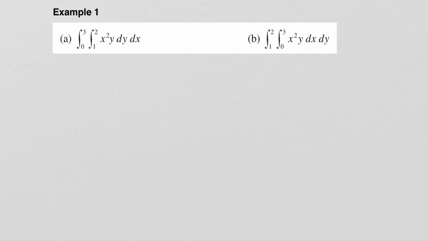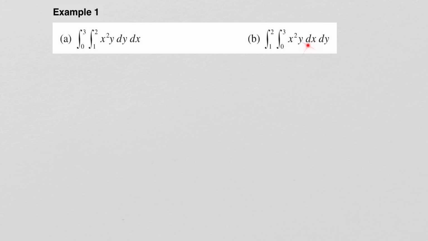So here I have the same integral listed twice, but notice the slight differences in the notation. We have the same function x squared y, but here it's dy dx, meaning we're going to integrate the y variable first, and that goes from 1 to 2. And then we'll integrate the x variable second, and that goes from 0 to 3.